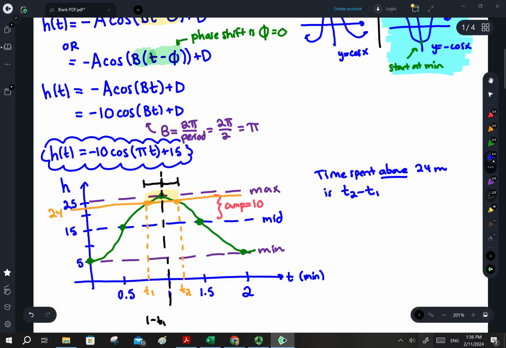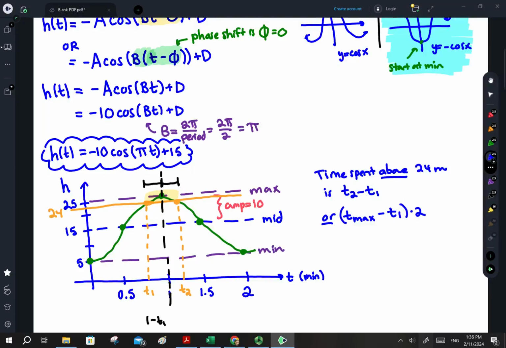So instead of finding T1 and T2 and subtracting them, you could take the time that the max occurs at, so I'll call that T sub max here, and subtract the first time and then double it, because it takes just as much time to go down as it does to go up.